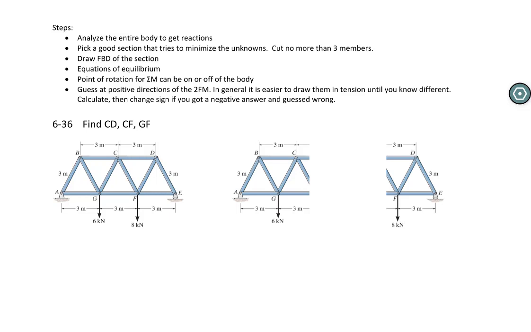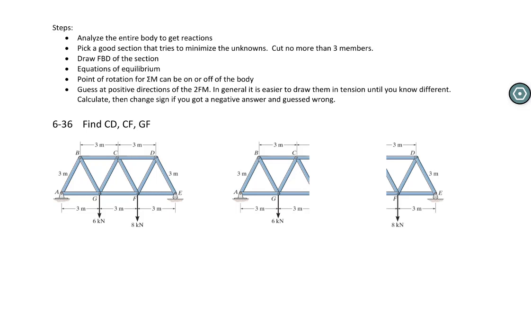Now we will generally use a moment equation that can have a reference point that could be either on or off of our section or of the rigid body. We're going to guess at the positive directions of the two-force members, and generally it's easier to draw them in tension unless we know different. So that's what I'm going to do here as a model.